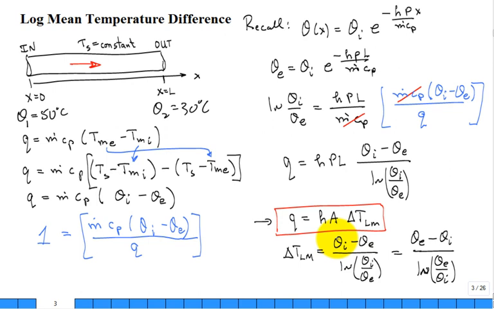And then we said this is it. I wrote it last time as delta T on one side minus delta T on the other side divided by the natural log of delta T on the first side divided by delta T on the second side. But that's the same equation. Instead of thetas, I put delta T's, but that's what theta is. Okay. How did this equation come about?